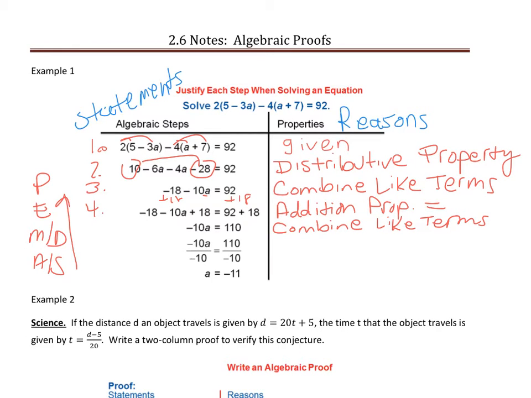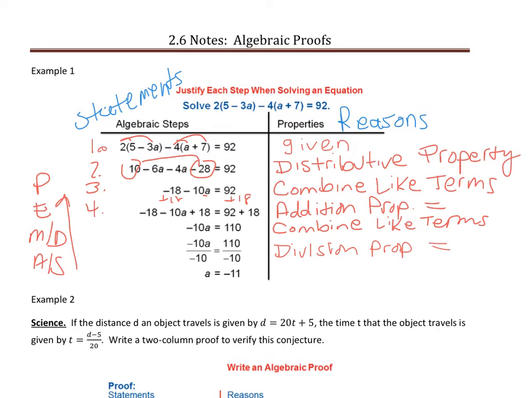Negative 10a divided by negative 10 and 110 divided by negative 10. What's happening here? We're moving up the ladder here, and now we're undoing this multiplication between negative 10 and a with division. So this is the division property of equality.